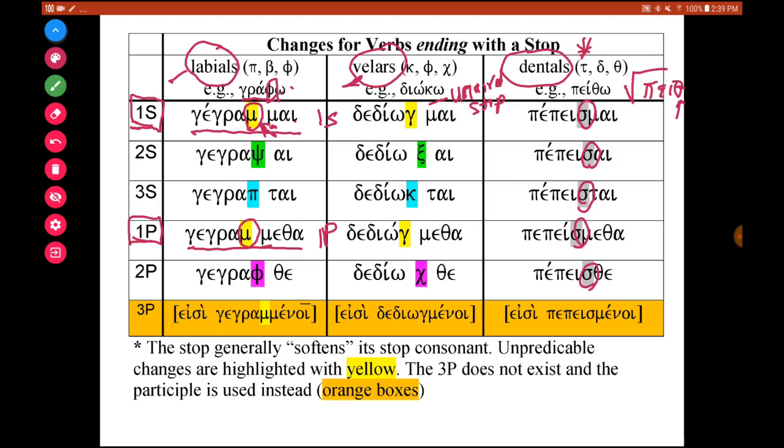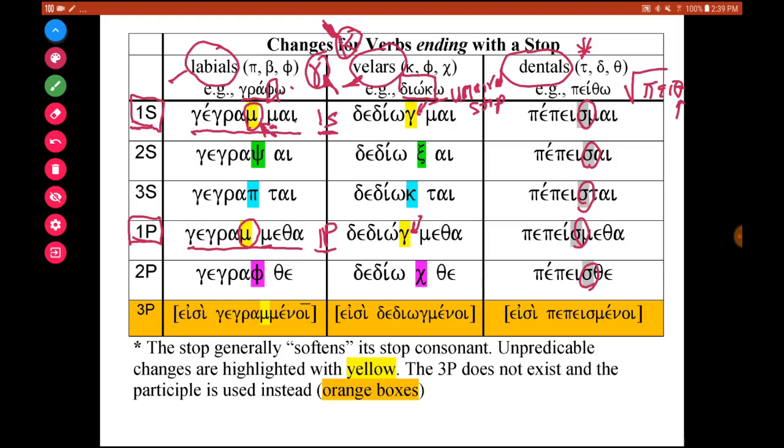So there's a big difference, for example, between a gamma, g, and a chi, ch. You see much more air with the chi, and so the unaspirated stop is what's used for the first person singular and first person plural. So if diok is the stem, then notice that the kappa has turned into a gamma for the first person singular and for the first person plural. So you have dediogmai and dediogmetha.